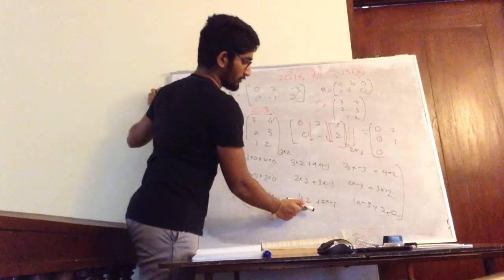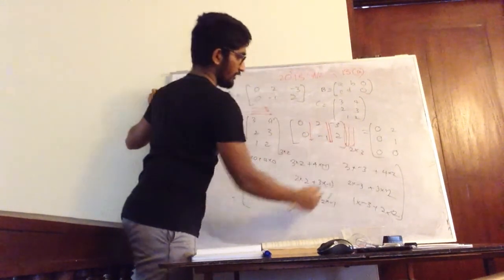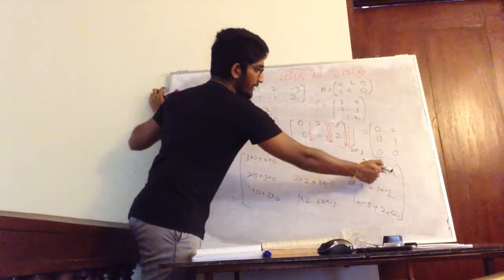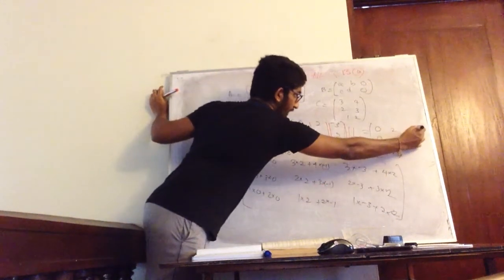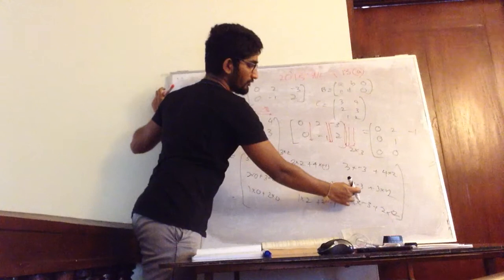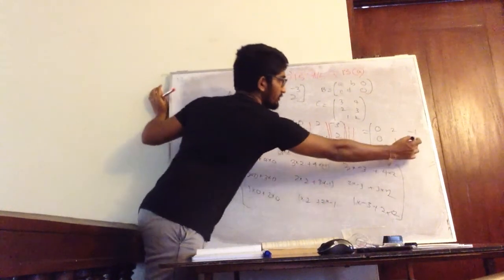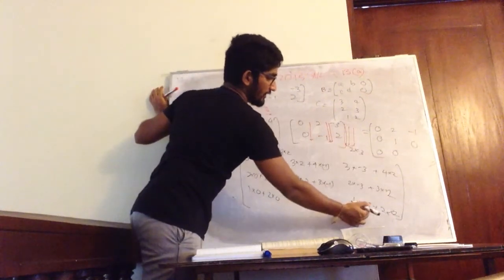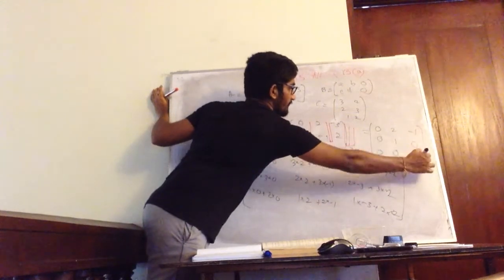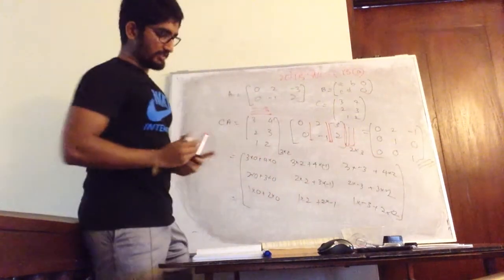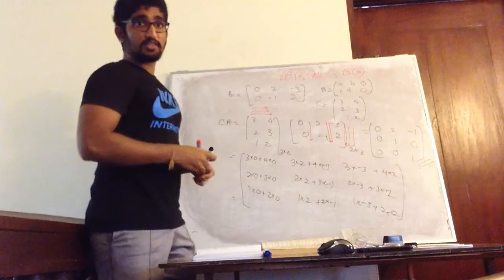Then 2 times 0, so this is going to be 0. 3 times 3 is going to be minus 9, minus 9 plus 8 is going to be minus 1. 2 times 3 is going to be minus 6, minus 6 plus 6 is going to be 0. Minus 3 plus 4 is going to be 1. So that is the answer for CA.